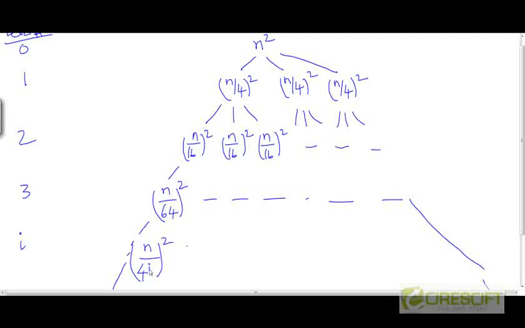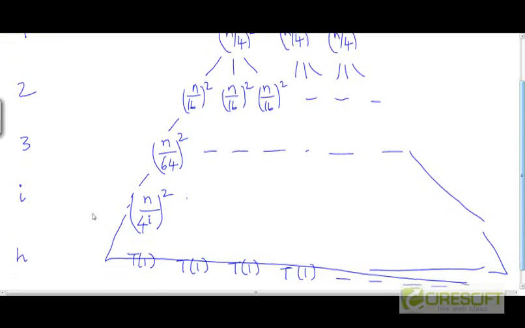Right, when I is equal to 0, this is n square. When I is equal to 1, this is n by 4 square. When I is equal to 2, this is n by 16 square. When I is equal to 3, this is n by 64 square. In general, for a particular value of I, it's going to be n by 4 to the power I square.